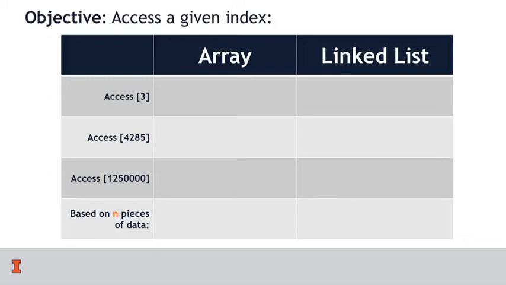Let's look at a table. We want to access a given element, and we want to access element 3. In an array, we can calculate that by simply saying 3 times whatever the size of our data is, and that's going to take one operation. It's going to take one multiplication. In a linked list, we've got to advance 3 different linked nodes. So that's going to take 3 operations to find where our data is at.